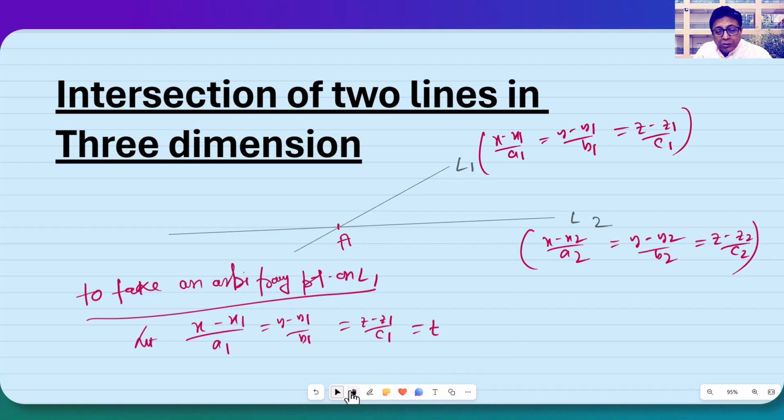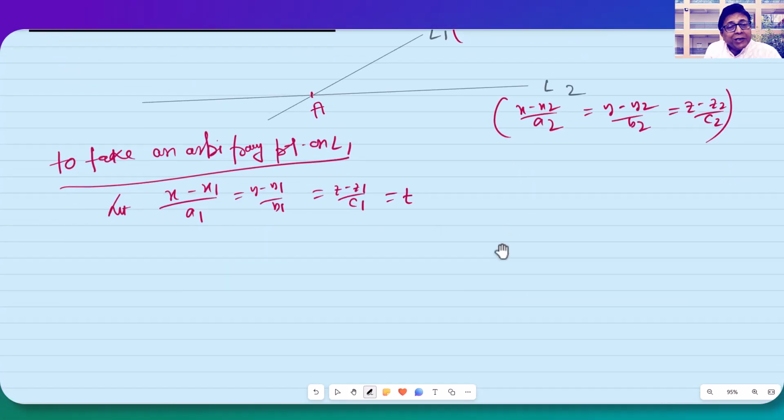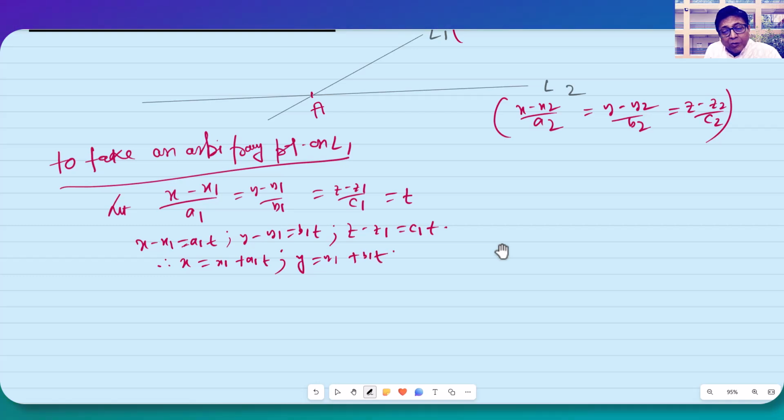So now if we multiply, x minus x1 is going to be a1t, y minus y1 is going to be b1t, and z minus z1 is c1 into t. So x will be x1 plus a1t, y will be y1 plus b1t, z will be z1 plus c1t.